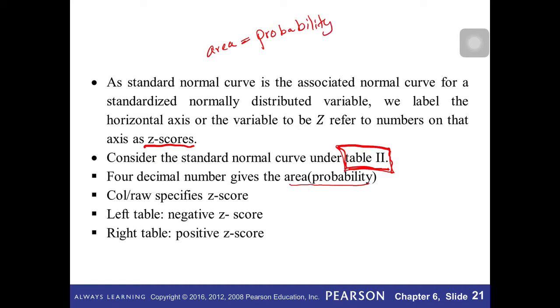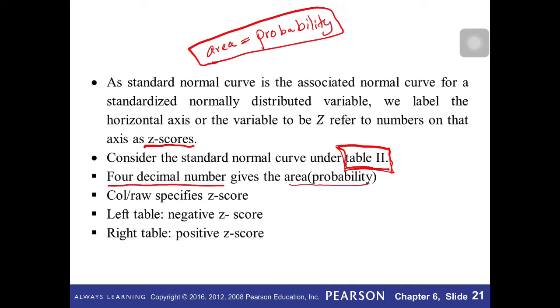From now on, remember this one. This is a hint or tip: try to keep this in mind. Area under the curve means probability. The values in that table are given using 4 decimal numbers.